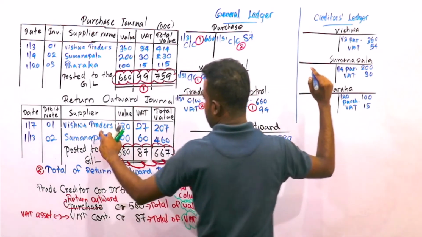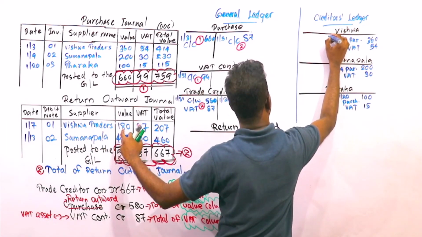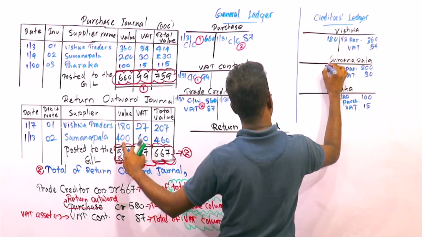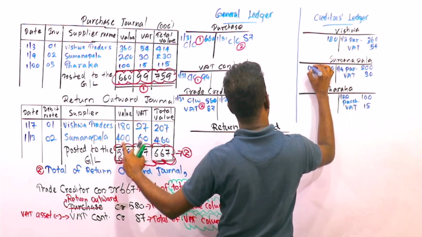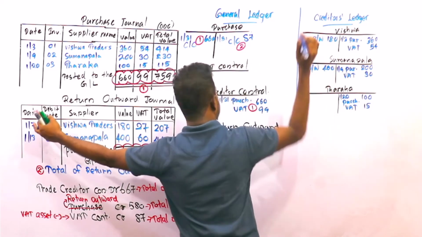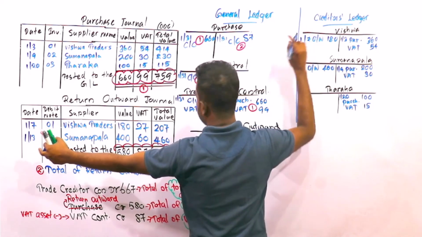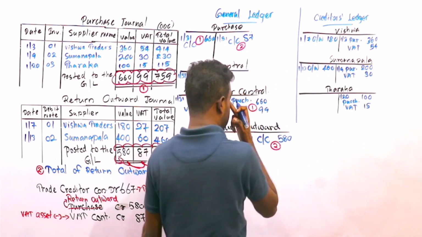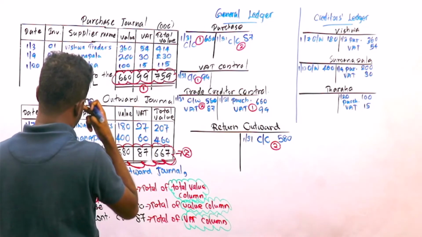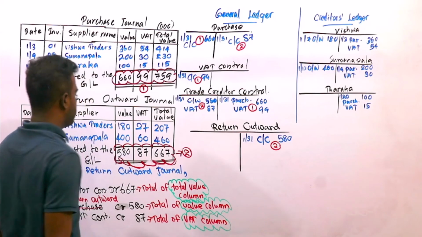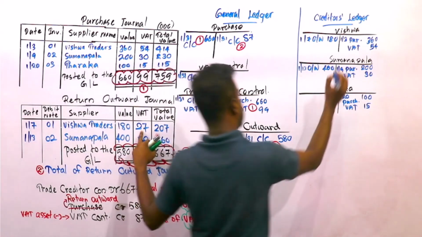Look at Vishwa Traders 180. Here Sumanapala 400. Outward. What's the transaction date? January 7th. Here January 30th. And the total VAT amount we debited to the control, then separately recorded on the debit side in private accounts.